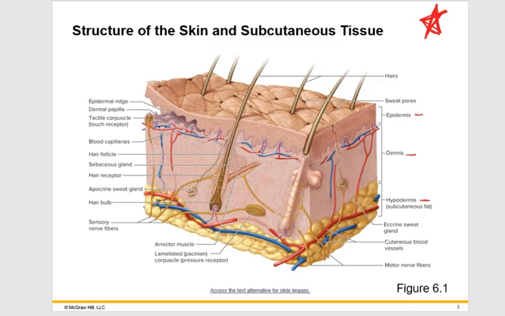Notice as the epidermal cells get more and more superficial, the look of the cells starts to change, and that is because this is when we start to see more and more keratin being put into those cells, giving us a nice waterproof layer for our skin.